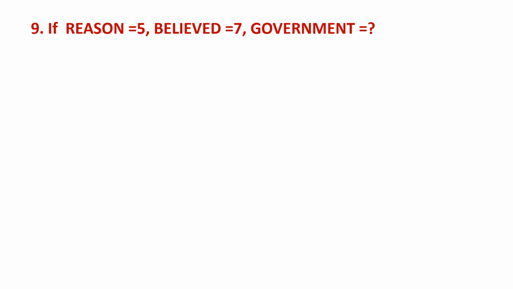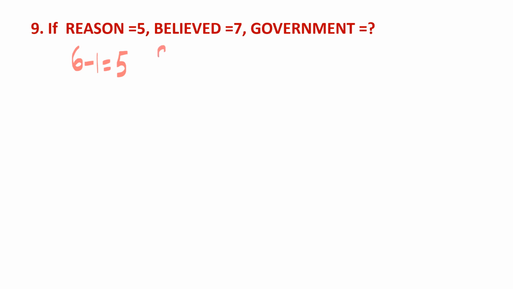If reason is coded as 5, believed is coded as 7, how is government coded in that language? Reason, number of letters 1, 2, 3, 4, 5, 6. Number of letters here is 6. 6 minus 1 is equal to 5. Believed, number of letters 1, 2, 3, 4, 5, 6, 7, 8.